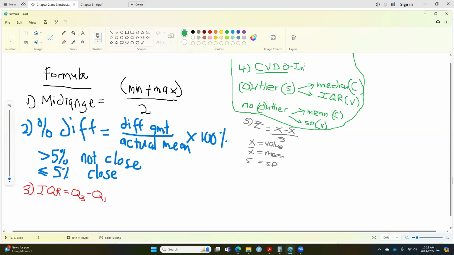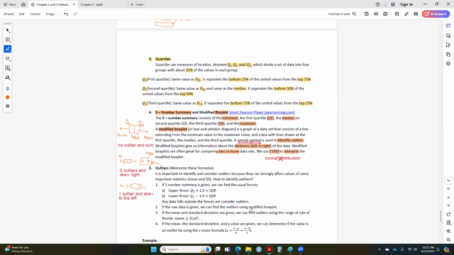Again, you look for outliers. If you have any outliers, we will use only the median and the IQR. Don't give me the mean or any other statistics. But if you do not have any outliers, you will use the mean and the standard deviation. This is very important. This is how we interpret your box plot.